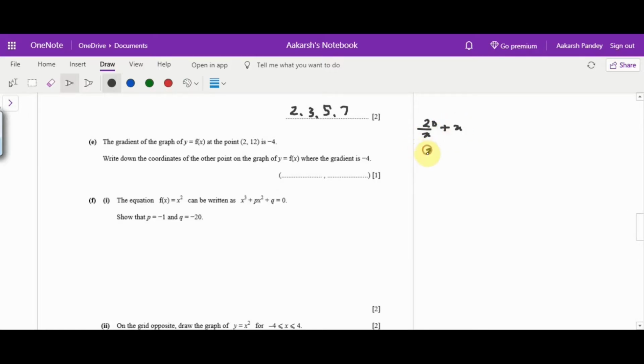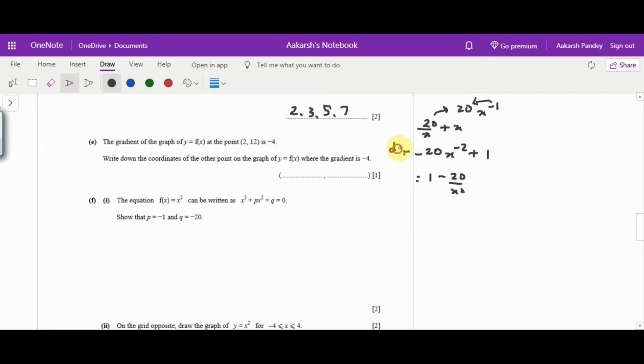So when I differentiate this, I can write this term as 20x raised to minus 1. Minus 1 will jump to the front with the coefficient and the power will be reduced by 1. So I get minus 20 x raised to minus 2 plus, when I differentiate x, I just get 1. So I can write this as 1 minus 20 by x square.